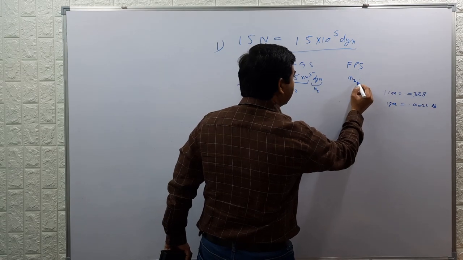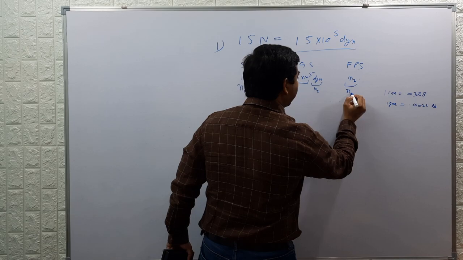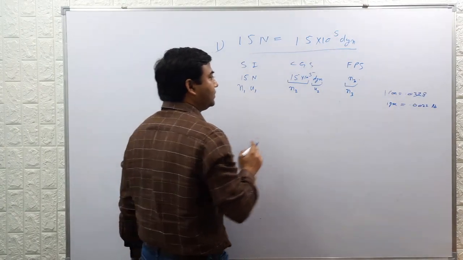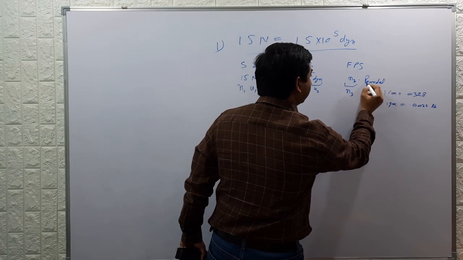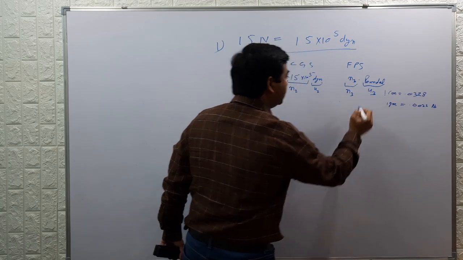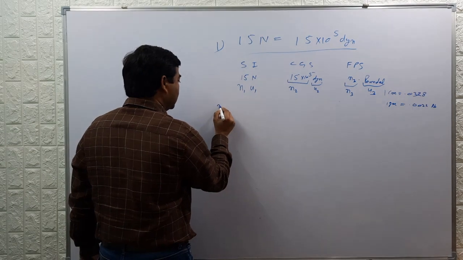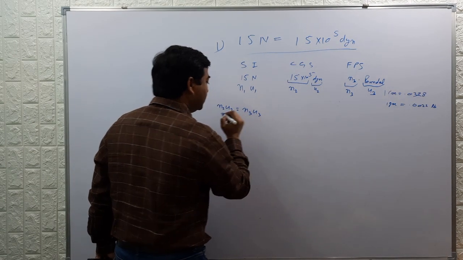Here N3 is the numerical value in foot pound second system, and its poundal, the unit of force in FPS system, will be U3. So you can write N2 U2 is equal to N3 U3.